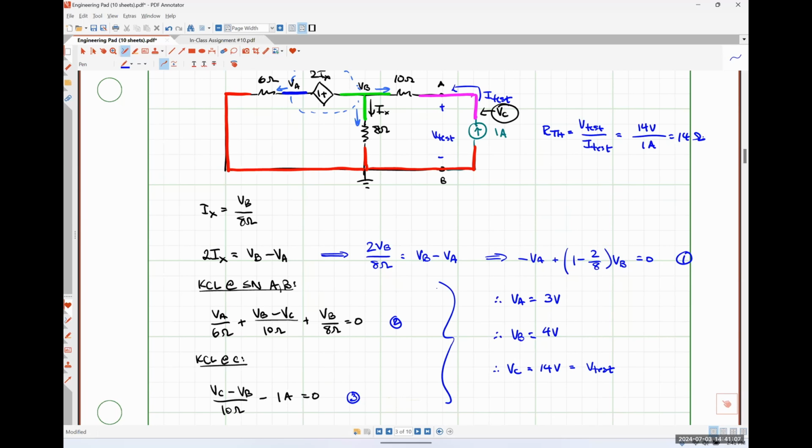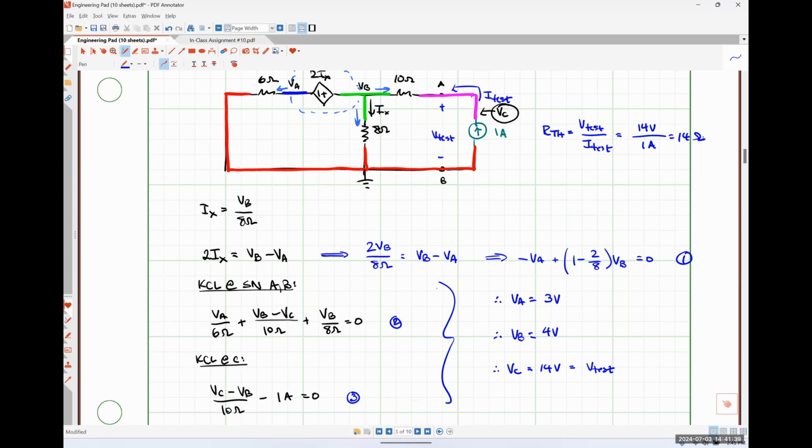One thing that I just want to point out and make very, very clear is that in order to employ the test source method, we have to be looking at a dead electrical network, meaning none of our independent sources are on. Okay. So this is how we are going to handle Thevenin and Norton equivalent circuits with dependent sources.